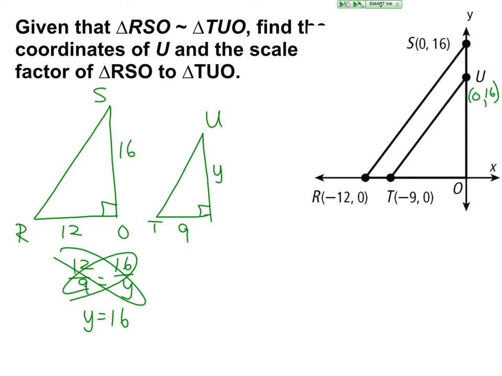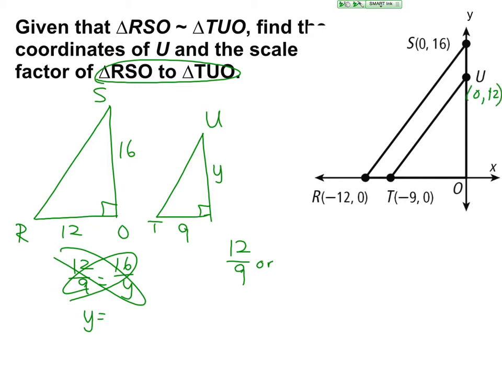And the scale factor, notice the order that they're asking it. So that would be like 12 to 9, or, oh, that's not 16, is it? 12. I was trying to remember from last period what it was. Got the wrong number. 12.